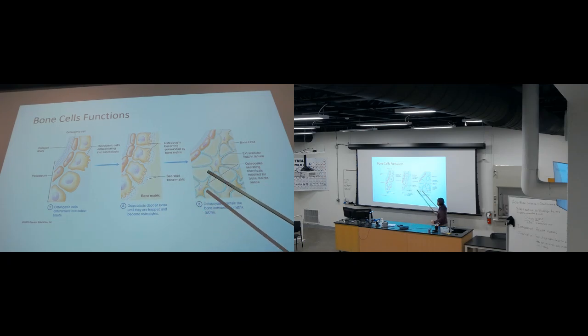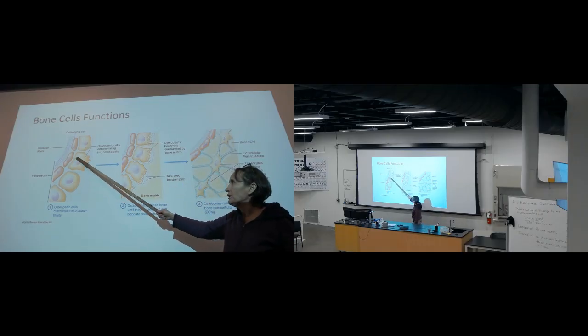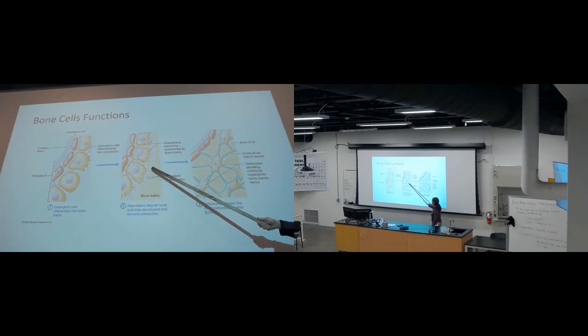And when it gets trapped in the matrix, this osteoblast now becomes a mature cell. So notice how these cells were flat initially, they become larger, almost cuboidal, and then they create some ruffled borders. And then as they secrete this matrix, they become trapped, they differentiate now into osteocytes.